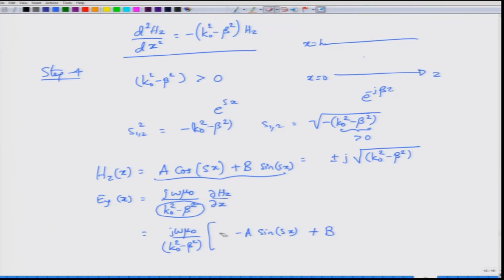So, I am going to take s out of the entire thing. The derivative of b sin of sx gives you cosine of sx, and this is the solution for the electric field that we are going to obtain.